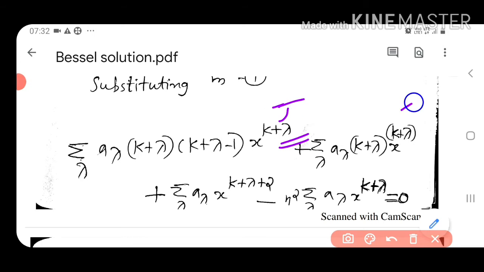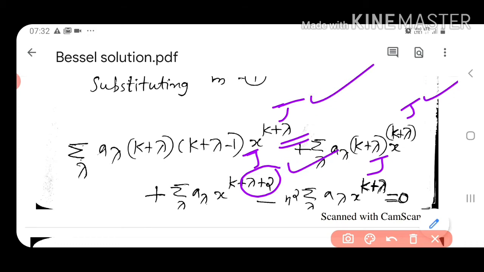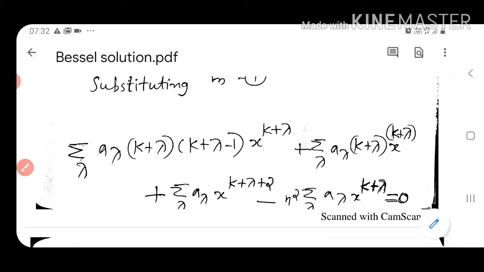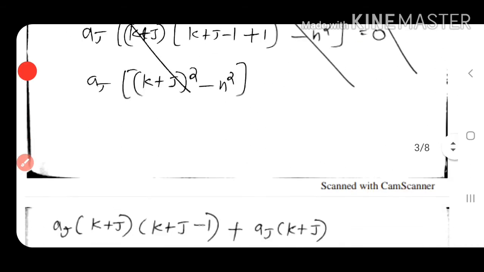Okay, here also you put lambda equal to j. Here you put lambda plus 2 equal to j. So the first term you put lambda equal to j, the second one lambda equal to j, then the third one lambda plus 2 equal to j, and we get this equation.